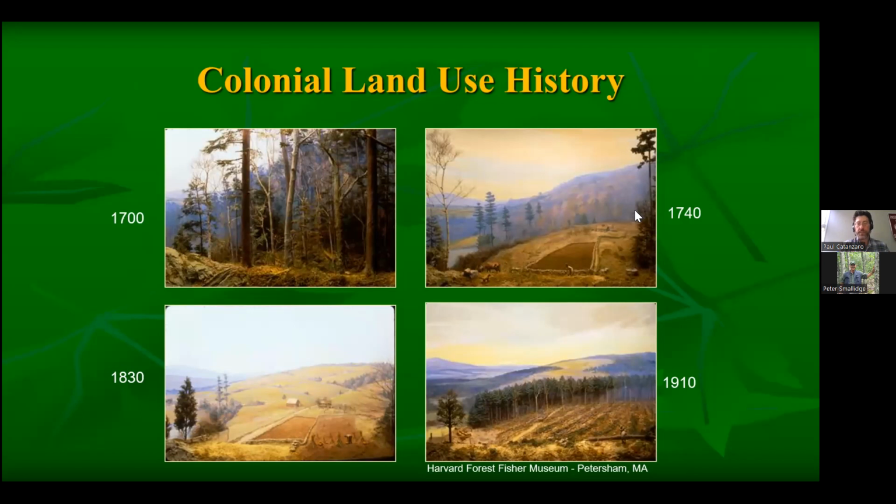We'll define those terms in a slide or two, to the subsistence farming that happened in 1740 and in that era, to the market-based farming that happened widespread across New England and the Northeast, that largely cleared the forest, leaving pockets of woodlots here and there. And of course, those farms were largely abandoned as the population moved to the Midwest for better farming opportunities, better soil, and so forth.